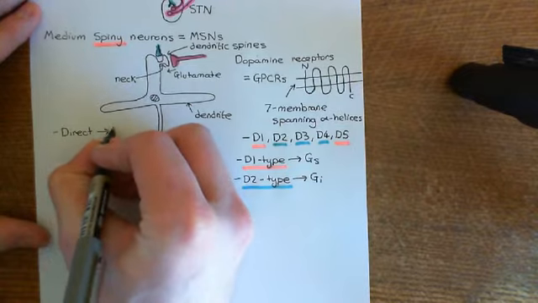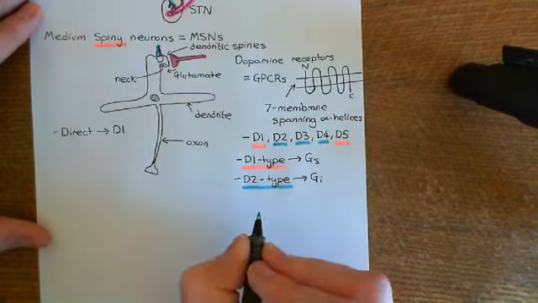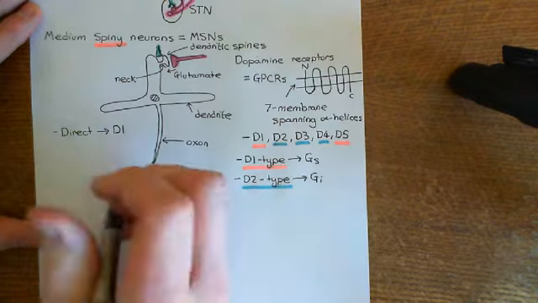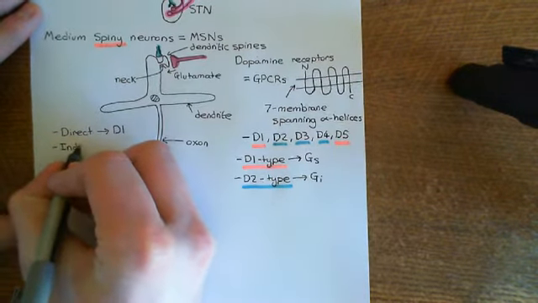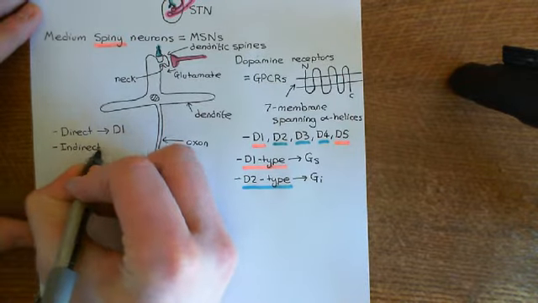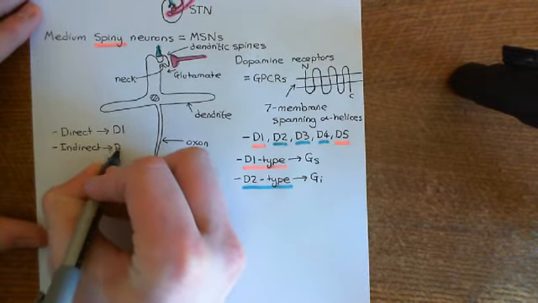So dopamine is going to have a very different effect on the direct pathway neurons compared to the indirect pathway neurons. Now let me explain what dopamine is going to do to these 2 pathways.